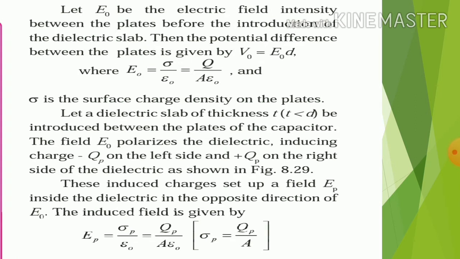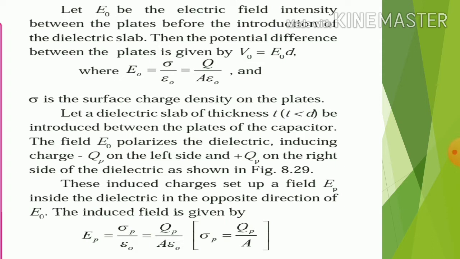Then let E0 be the electric field intensity between the plates before the introduction of the dielectric slab. Let us consider E0 is the electric field between the two plates of the parallel plate condenser before placing any dielectric thin slab.